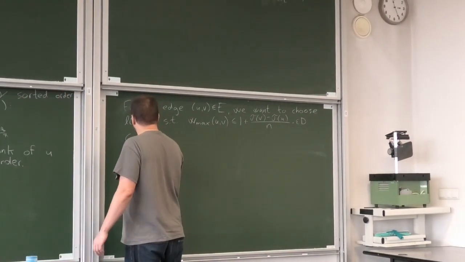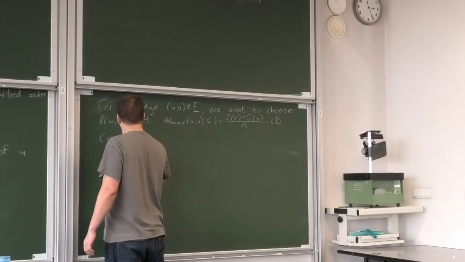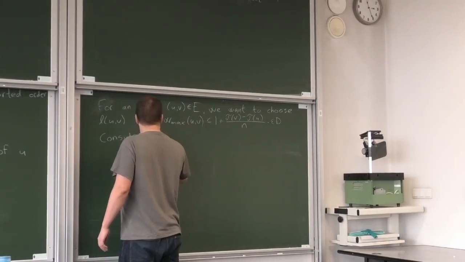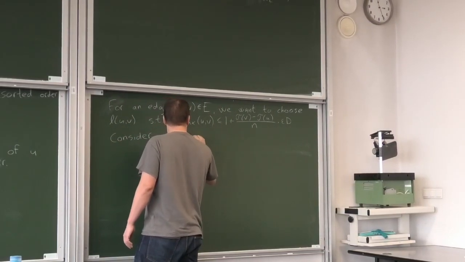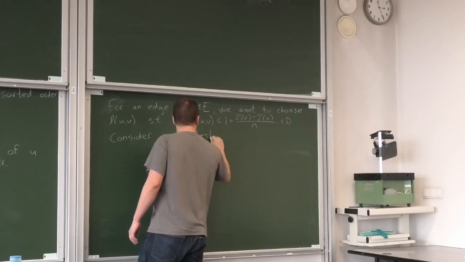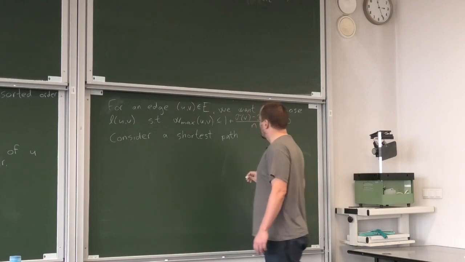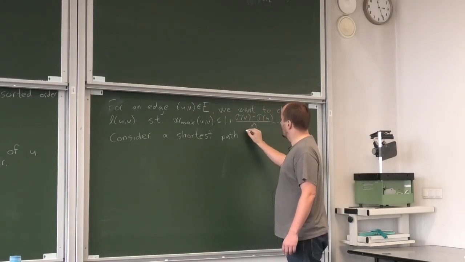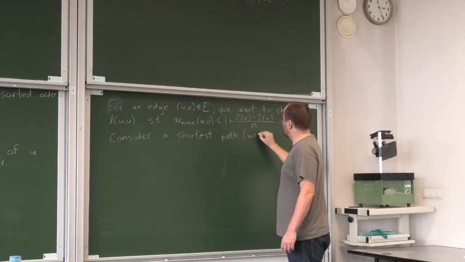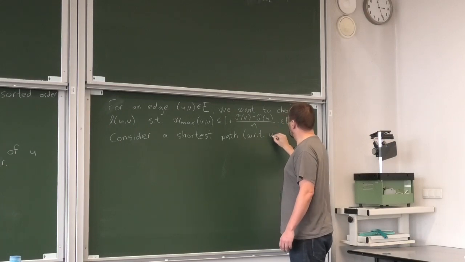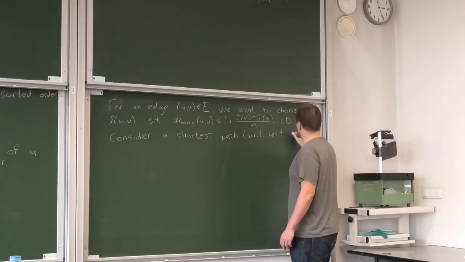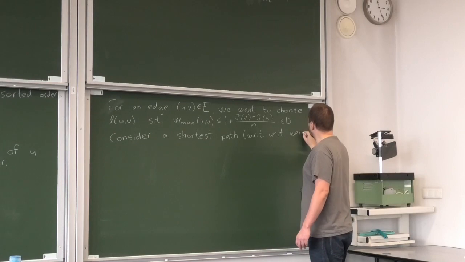So consider a shortest path with respect to unit weights. So this is a true shortest path. I'm ignoring the weight function here.